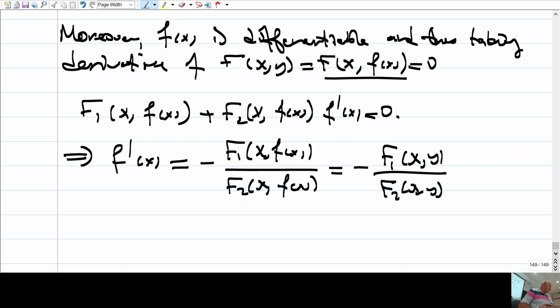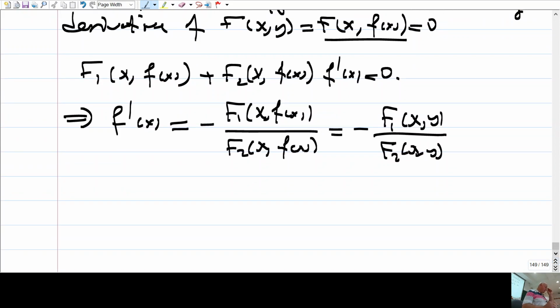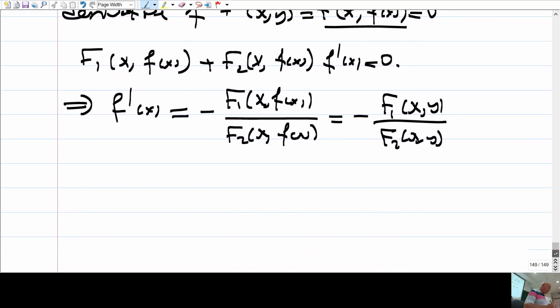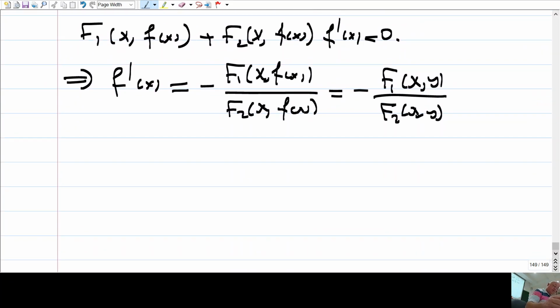This actually holds more generally, not just for two variables here, but if there are more variables, it is still true.